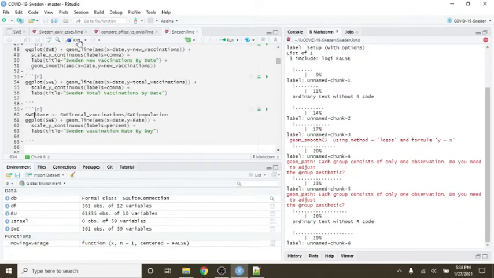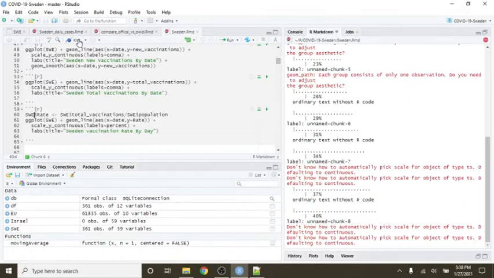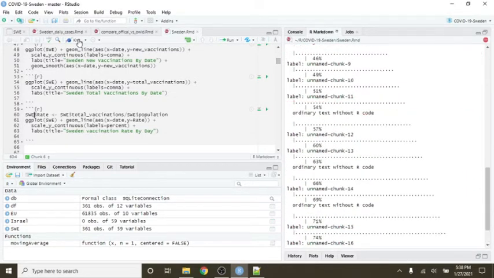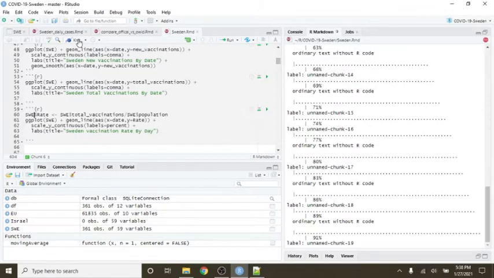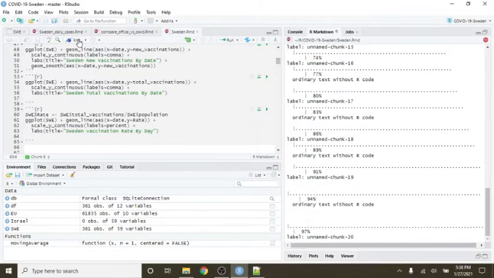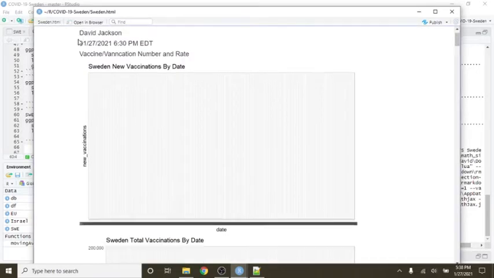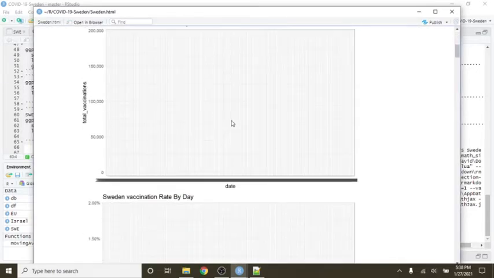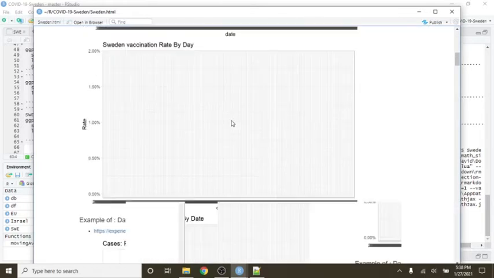positive news for vaccination. Vaccination counts can only go up. You are vaccinating more people, you're not. So let's see what happens here. Okay, none of this seems to be working yet.